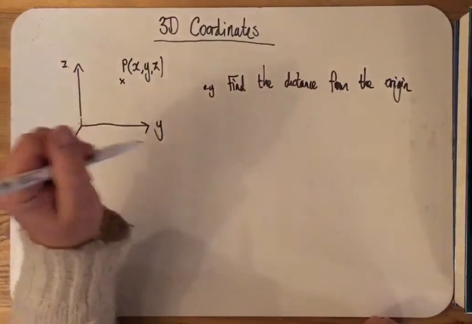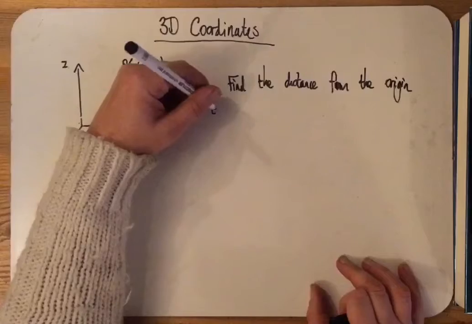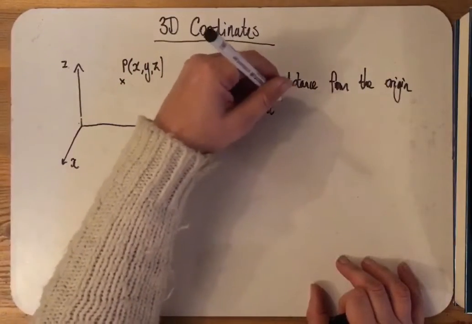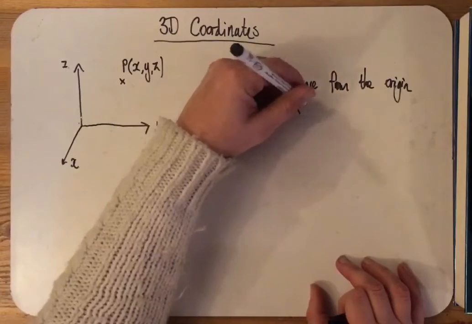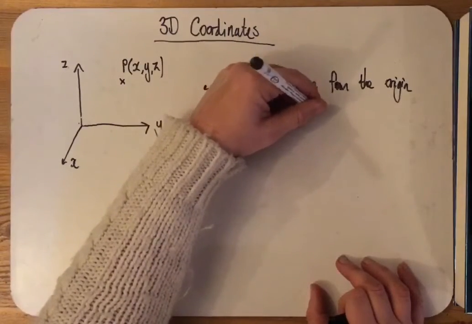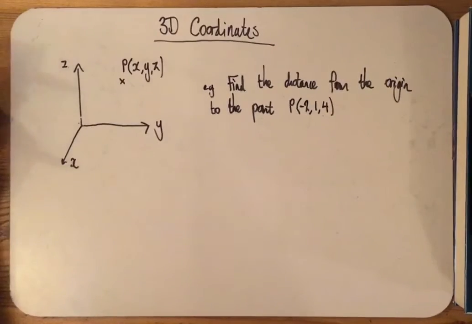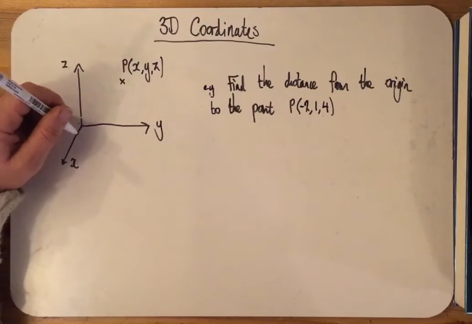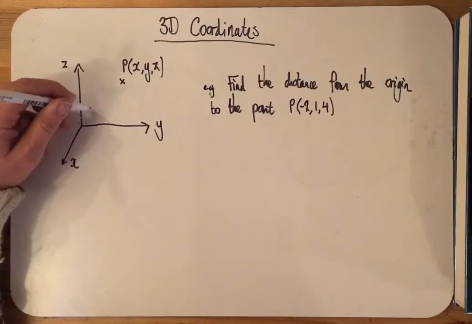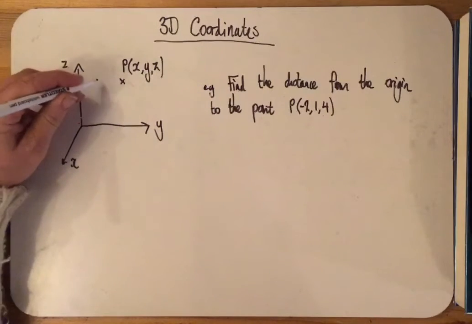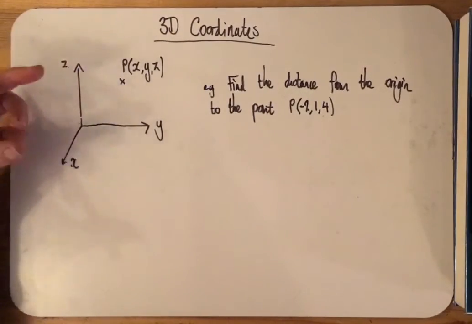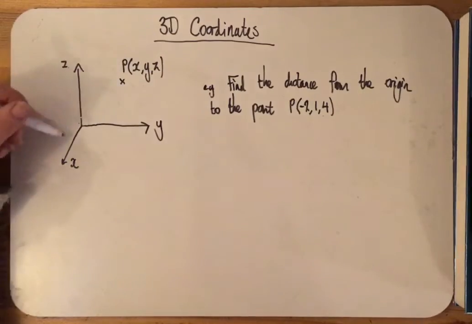So we can find the distance from the origin to the point P, minus 2, 1, 4. So we've gone 2 back along the x-axis, across 1, up 4, but you can't really draw that nicely in 2 dimensions, so you don't really need to worry too much about where that is, so to speak.